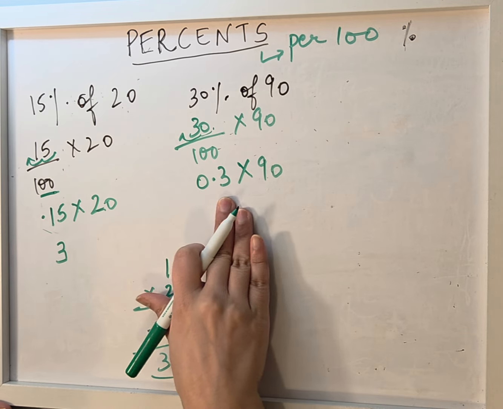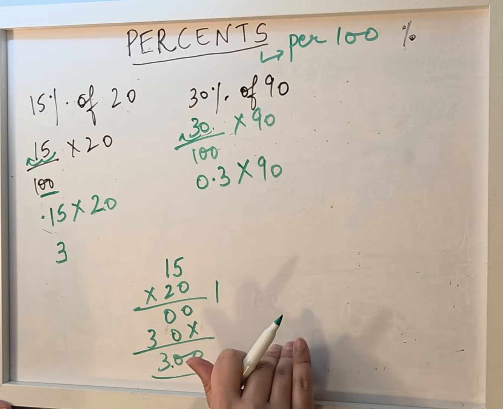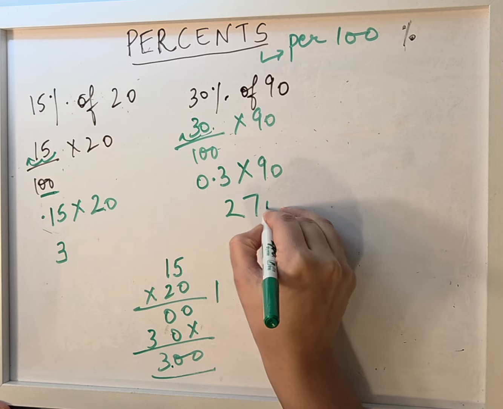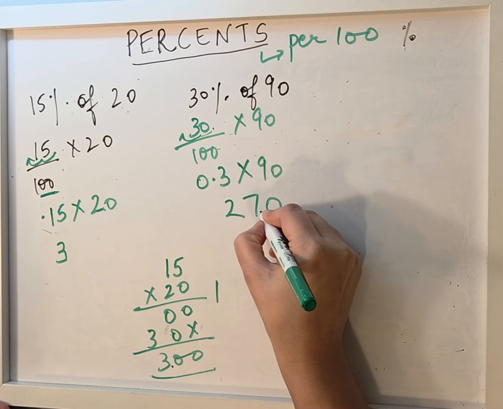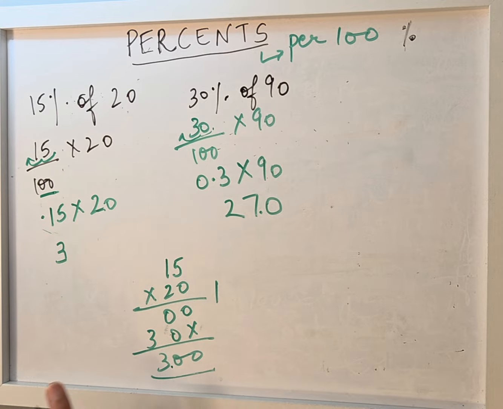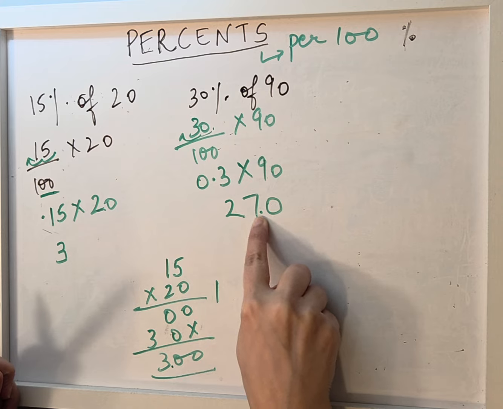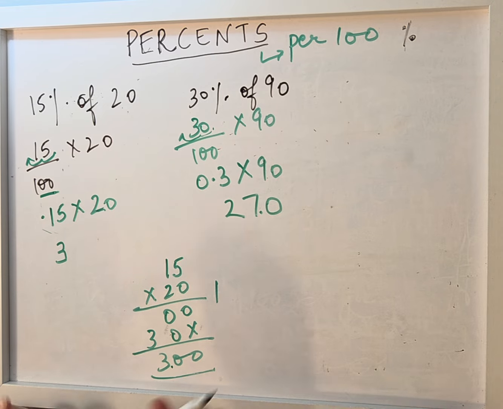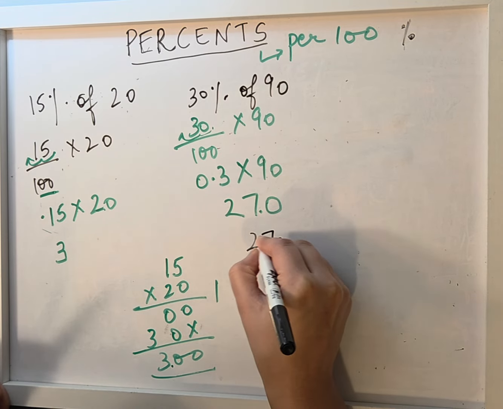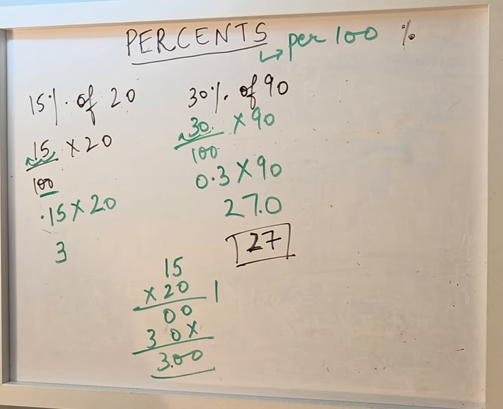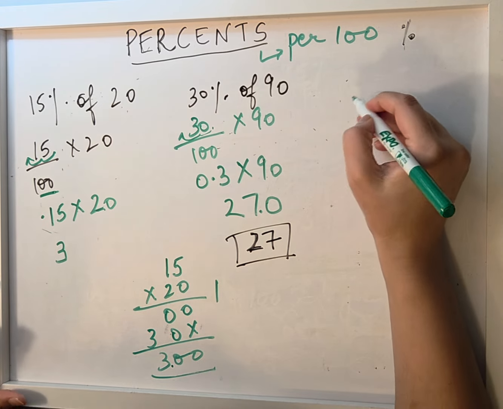We forget about the decimal and perform normal multiplication. 90 into 3, we get 270, and we place a decimal after one digit. Trailing zeros after the decimal don't make a difference in the value, so we can also write the final answer as 27.